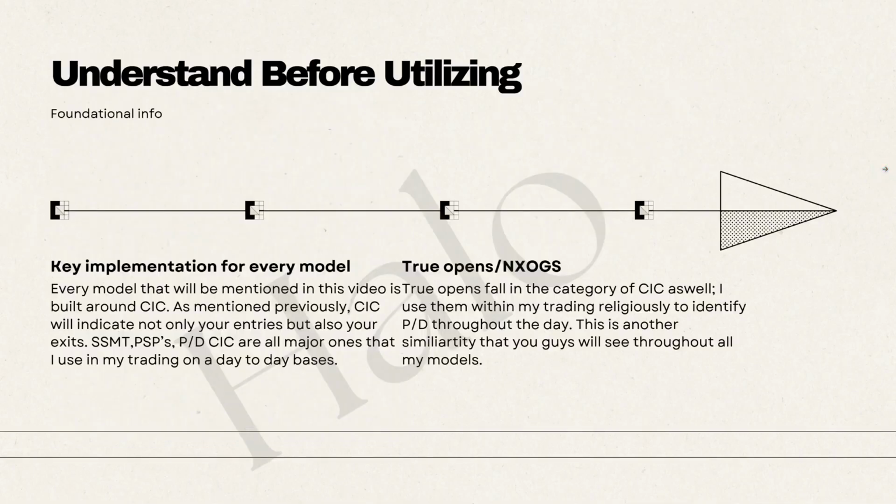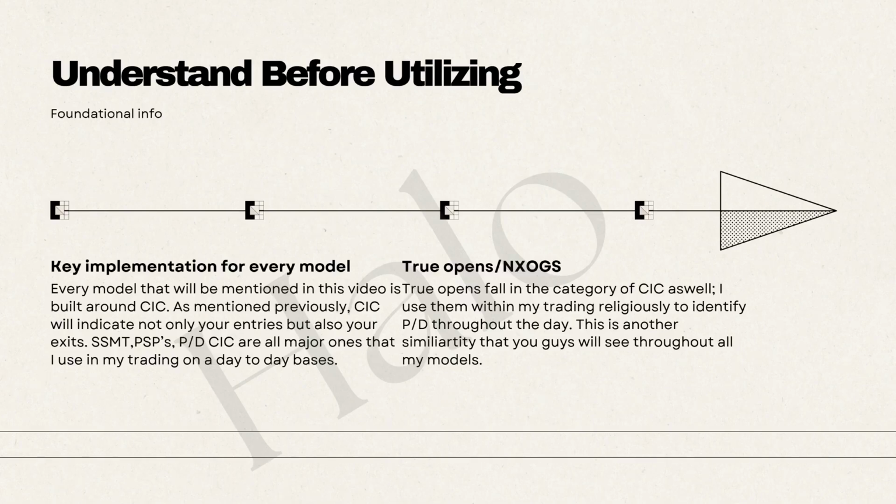Understand that there is some foundational information that will be necessary before I begin explaining my models. Key implementation for every model that I have: every model I will mention in this video is built around cracks and correlations. As mentioned previously, cracks and correlations will indicate not only your entries, but also your exits.